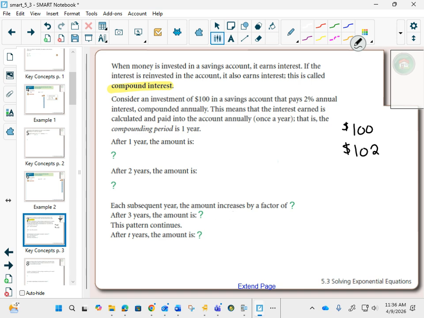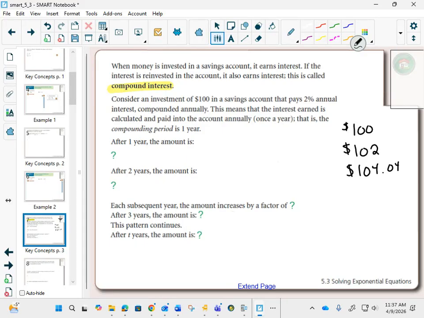And the way that compound interest works says, well, now you have $102. So now at the end of the year, they're going to pay you 2% again. Well, 2% on the $100 that you originally had is another $2. And 2% of the $2 is 4 cents.